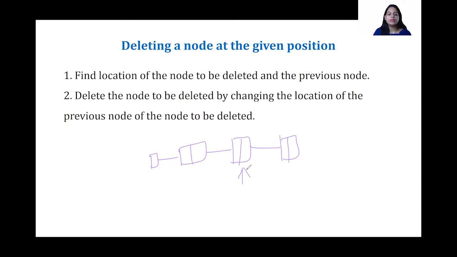Then I have to find out the node to be deleted, this one, and also I want the previous node. Then delete the node by changing the link of the previous node of the node to be deleted. As in, I'm going to remove this link and establish the link over here, and I'm going to free this particular node. So this is how we are going to delete a node at a given position.